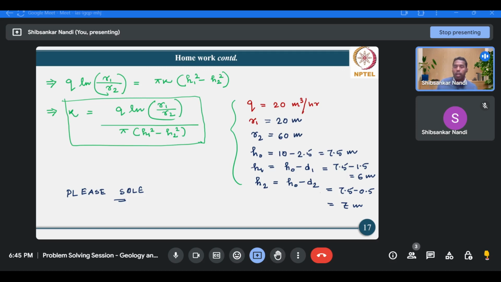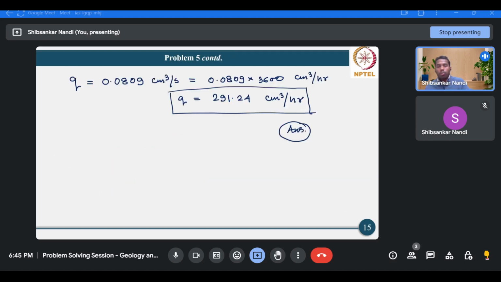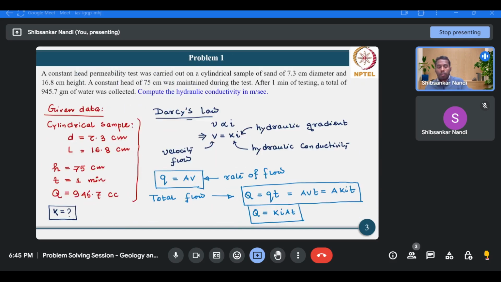So first we started with a problem related to constant head permeability test. Then we came to another problem related to falling head permeability test. In those problems, we mostly determined the hydraulic conductivity depending on the test data. Utilizing the data of constant head permeability and falling head permeability, we determined the hydraulic conductivity of the given soil sample.